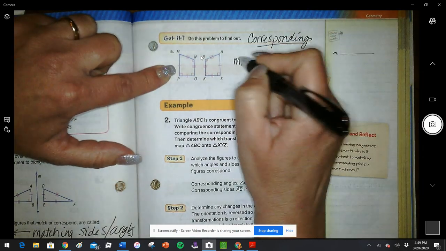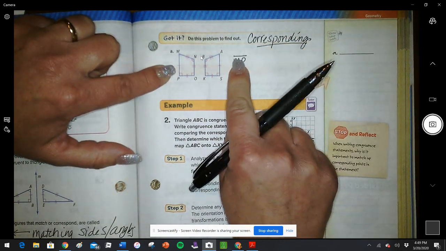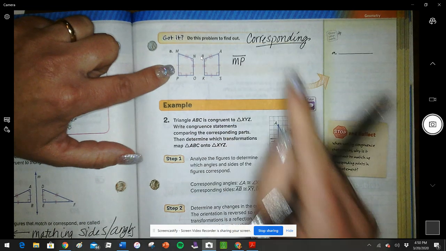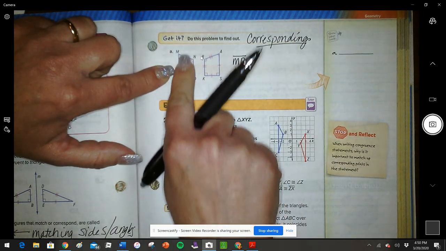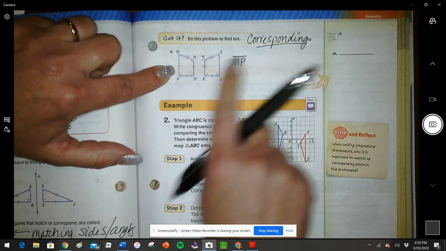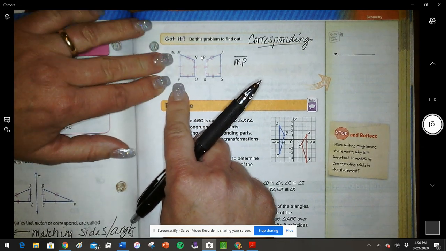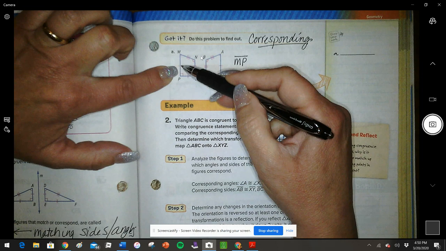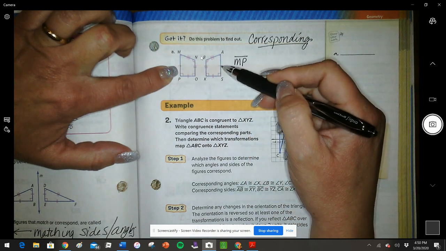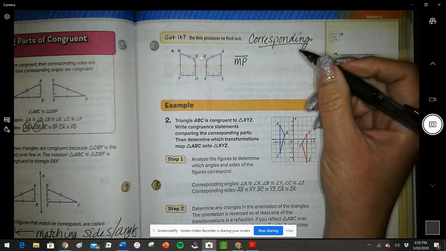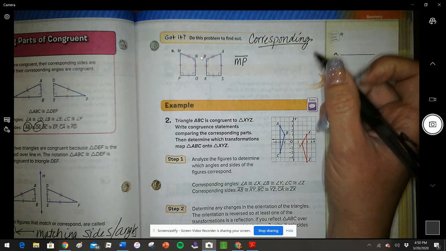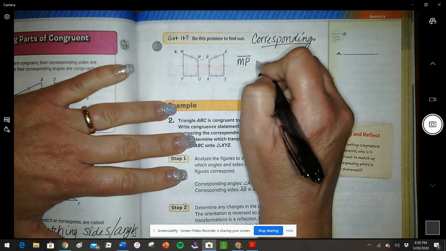The other thing you need to know is that little line above it just means the segment. We're talking about that side, the segment between the little line that connects M and P. I know this only has one hash mark, so I'm definitely looking at this side, but do I write SA or AS? Which order do I put it in?